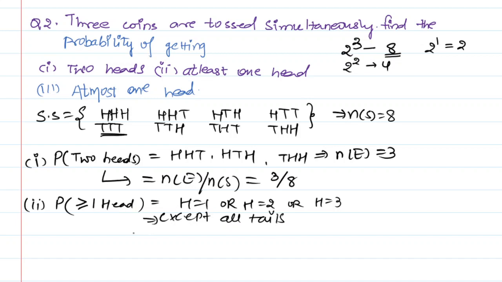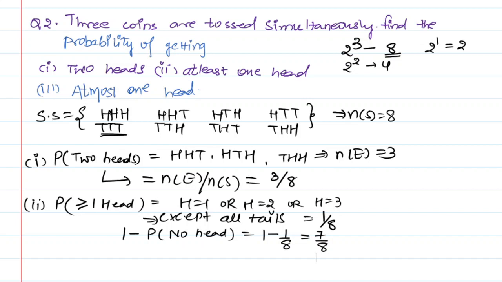Fine. It means what is the answer? It is nothing but 1/8. But in what way can I write it? In the probability form, I can write it as 1 minus the probability of no head, which is nothing but 1 minus 1/8, which is equal to 7/8.